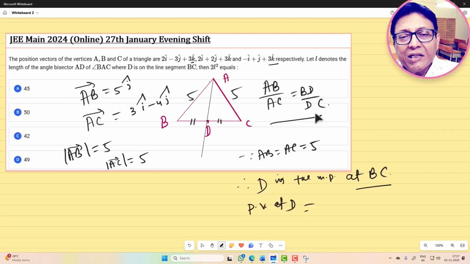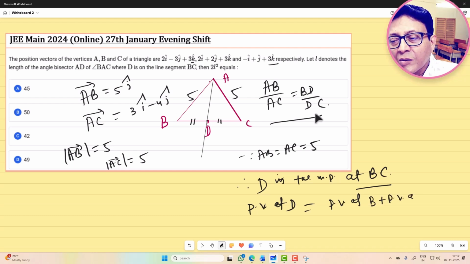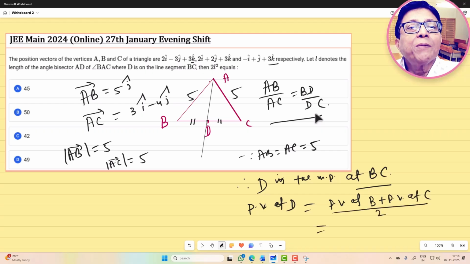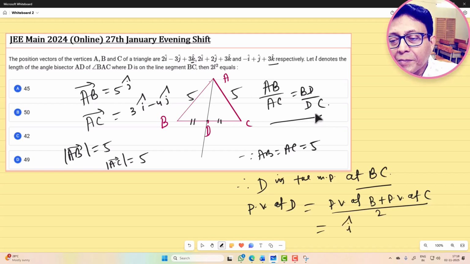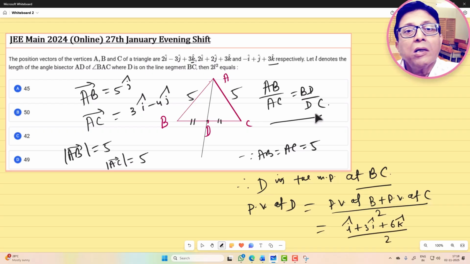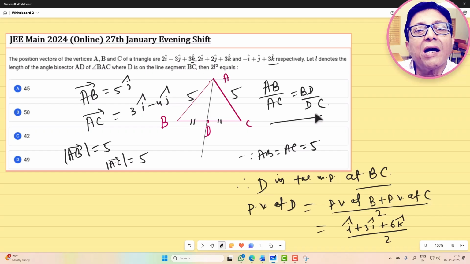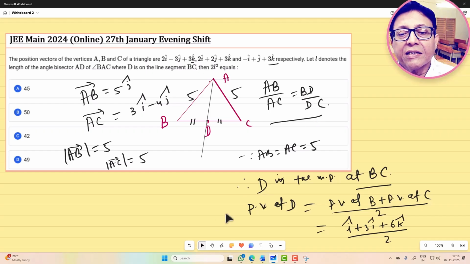Using the midpoint formula, position vector of B plus position vector of C divided by 2. B plus C is 3j plus 6k. If you add these two, 2i minus 2i, 2j plus j, 3j, 3k plus 3k, 6k.